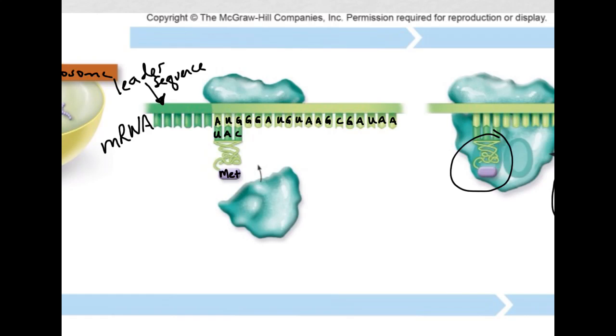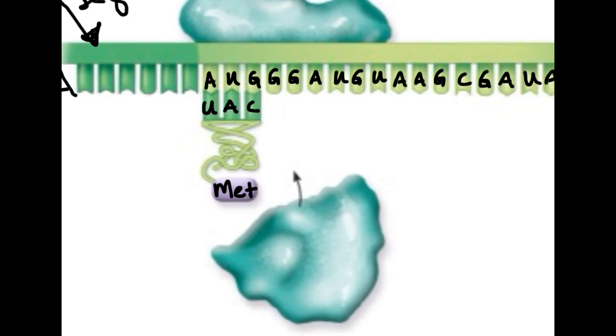So the first thing that's going to happen is this step called initiation. We're going to initiate translation. The first 3 bases that will be read will be complemented by a tRNA molecule.